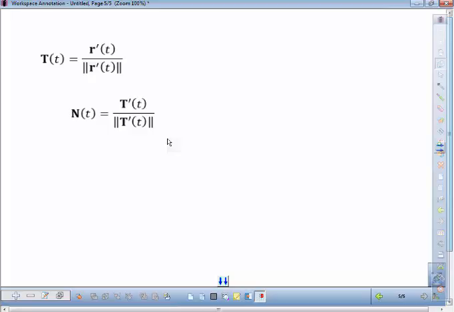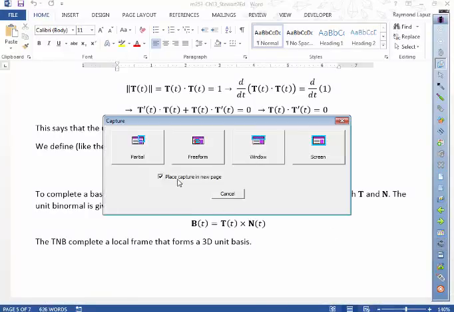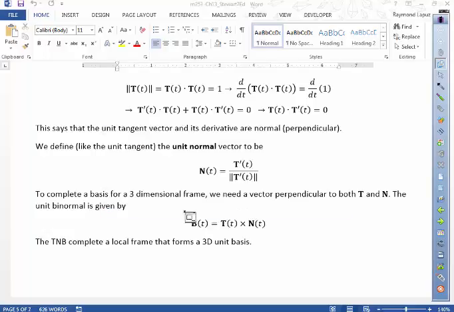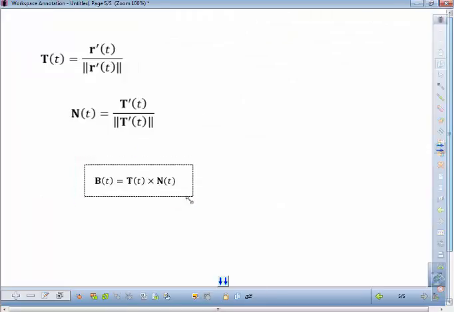And then, as Evan mentioned, the binormal vector has to be perpendicular to both the tangent vector and the normal vector, and so you would cross them.